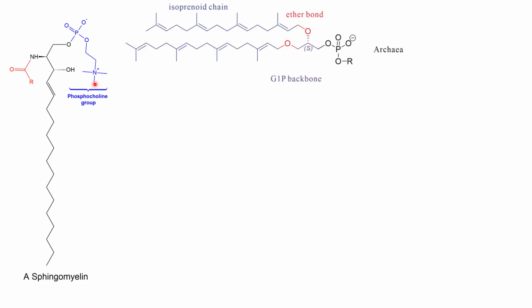Then you have the archaeal membrane, which has ether linkage. See here, ether linkage and not ester linkage as in the case of bacteria. In archaea it is an isoprenoid chain and in bacteria it is a fatty acid chain.